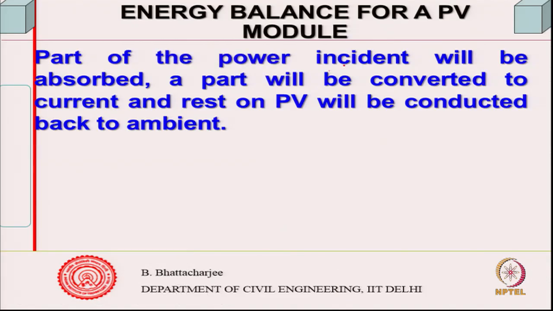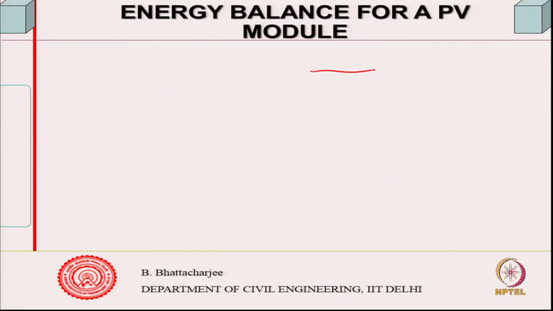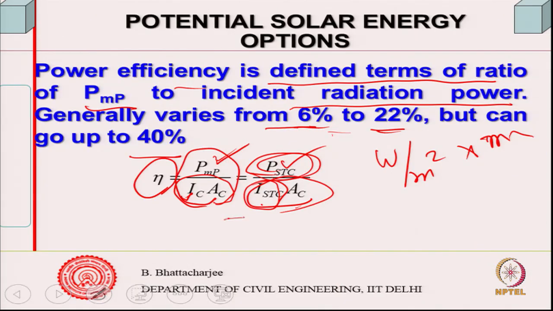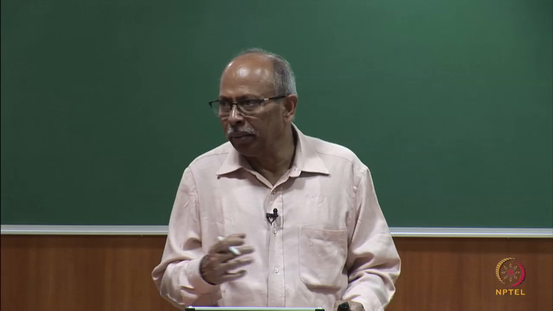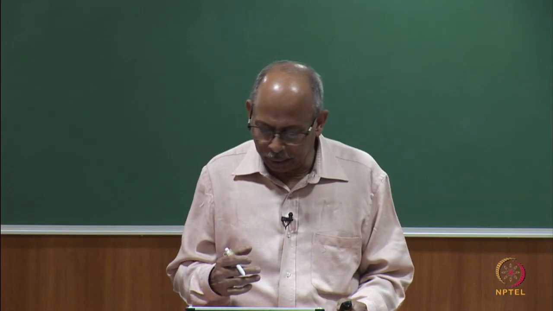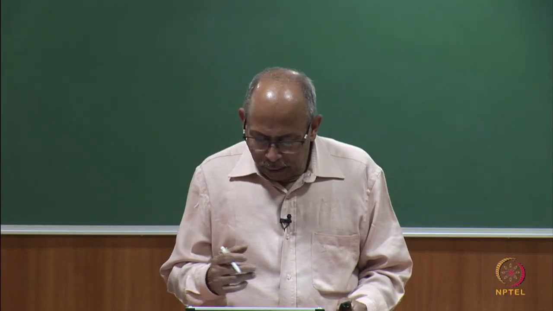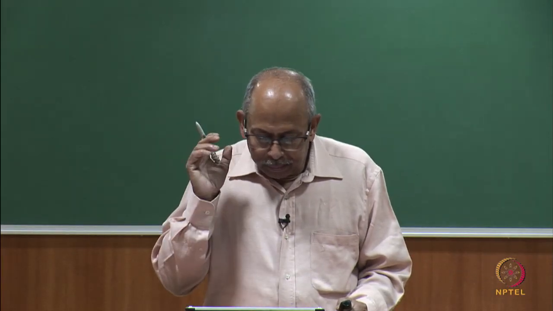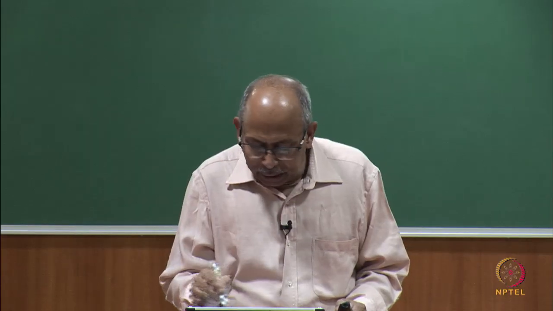Then let us look at how we should specify and how we calculate efficiencies. We have defined the efficiency now, which is the electrical power generated divided by the solar radiation multiplied by the area, the wattage from the solar radiation. So, part of the power incident will be absorbed.